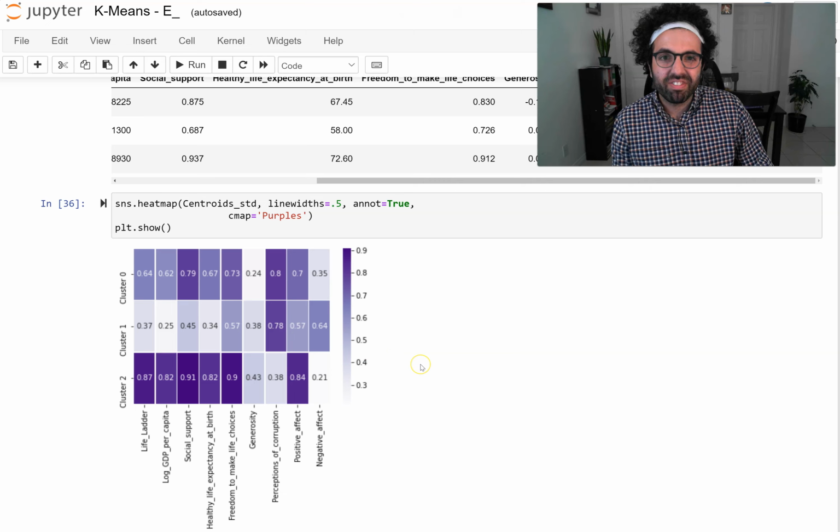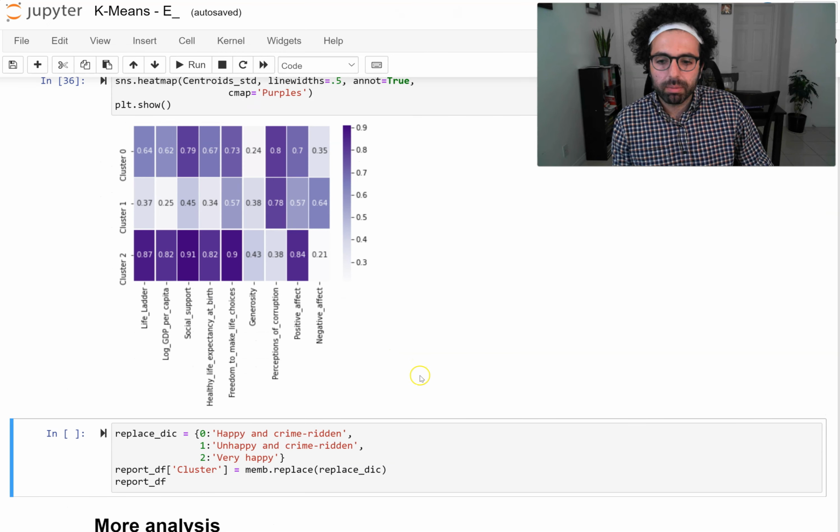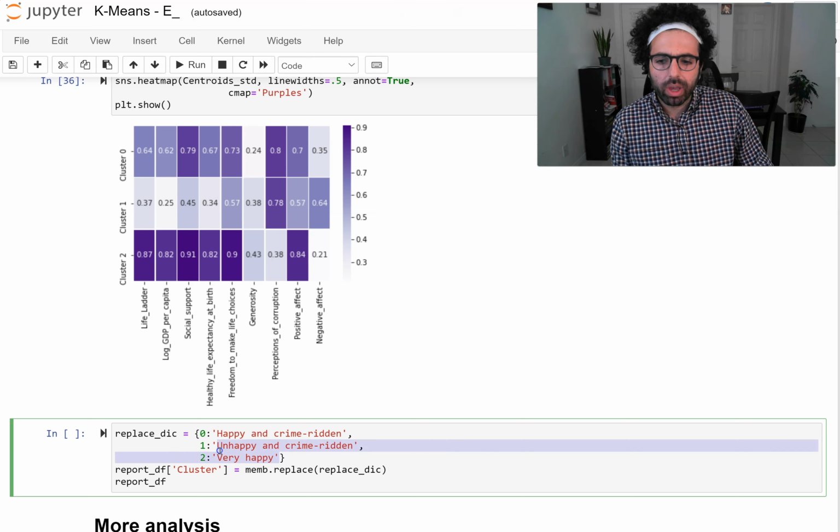So we could give names to these clusters. These are the names I have given these clusters. I'm calling cluster 0 happy and crime ridden, because the perception of corruption is actually the highest among them. And then we have cluster 1, unhappy and crime ridden, right? So it's not that the others are not crime ridden, but these are unhappy but also crime ridden. And then we have the cluster that is very happy.